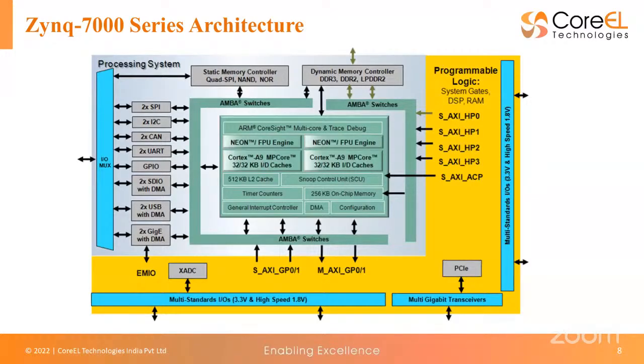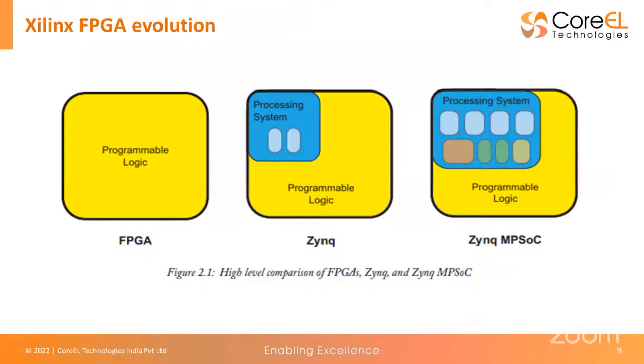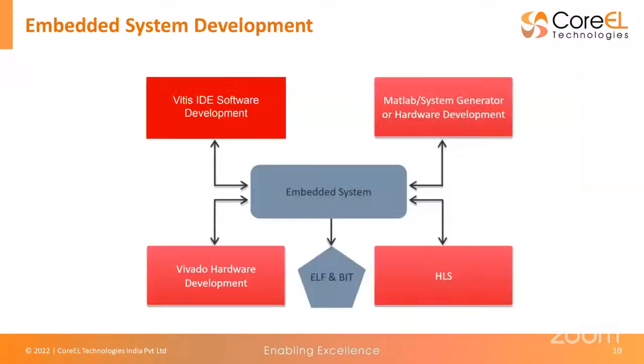Not only the Zynq 7000, there are multiple architectures like this. You have your pure FPGA, then you have your Zynq, and then you have your Zynq MPSoC. The MPSoC stands for multi-processor system on chip. When we talk about the Zynq chip, the processing system is for the most part a dual core processor, but you can improve that to have multiple cores.